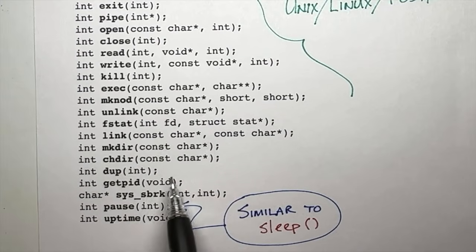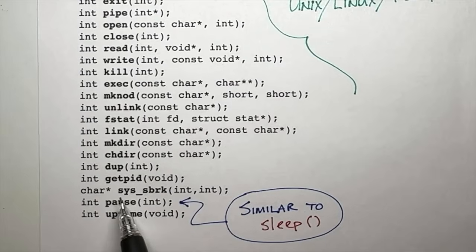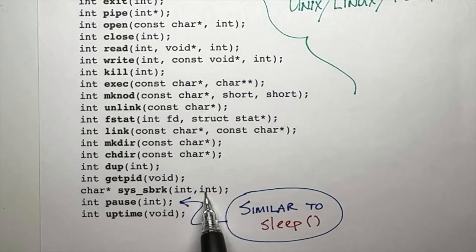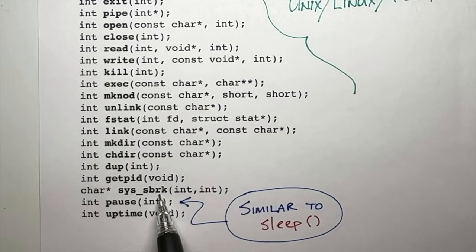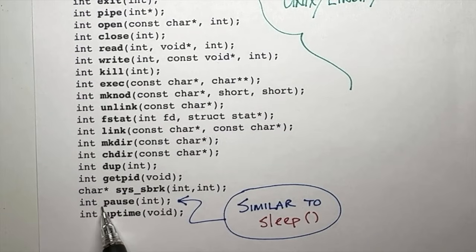And each process has a unique process ID, and we can get a process's ID with getpid. Each process's virtual address space has a heap. We can use this system call to enlarge or shrink a process's heap region by moving its so-called breakpoint. We can put a process to sleep for a while with pause.